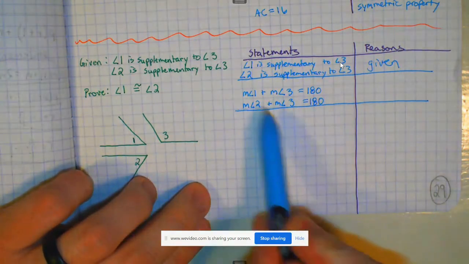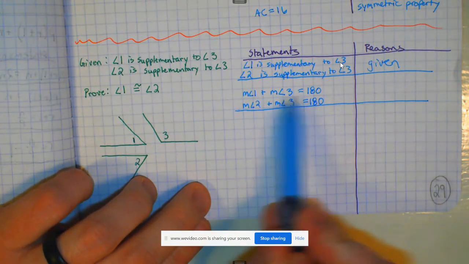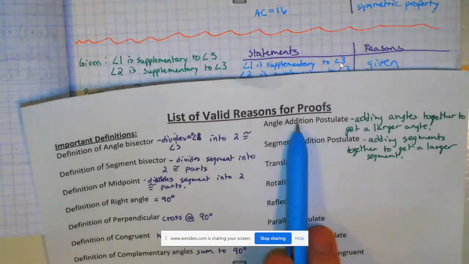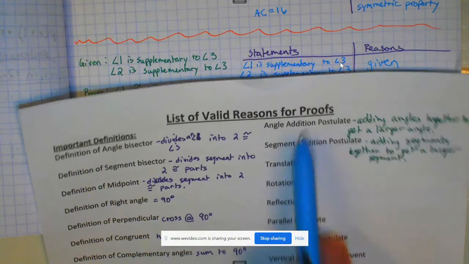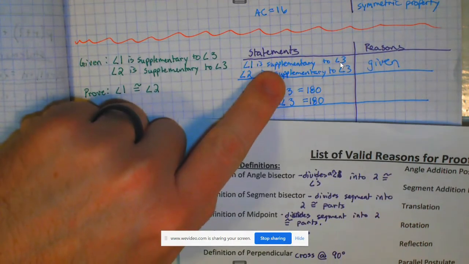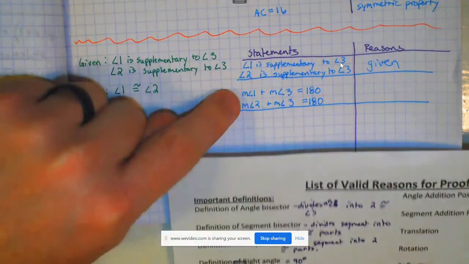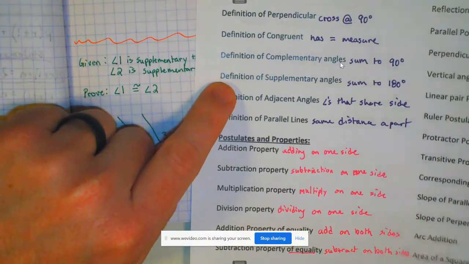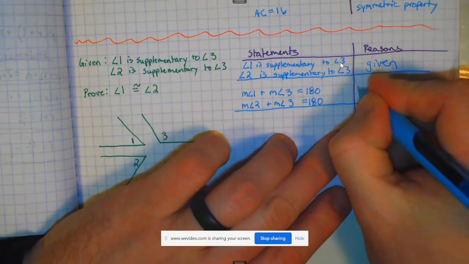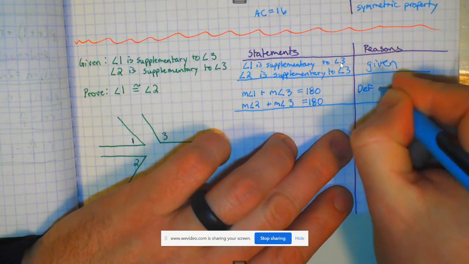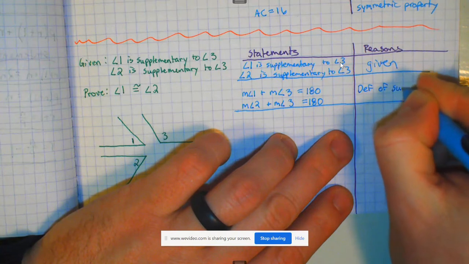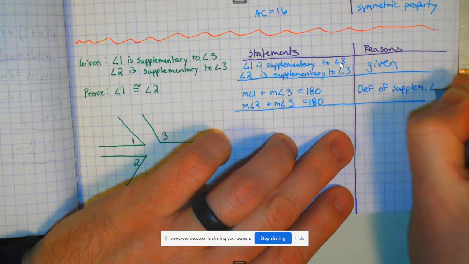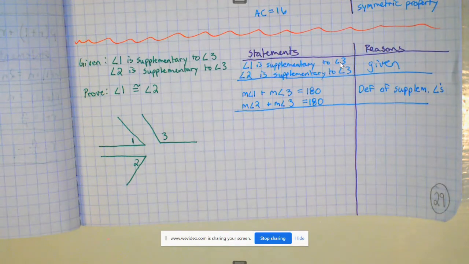Even though we're adding angles together, it's not angle addition. I used the fact that I knew what supplementary angles were to make these sentences. So that is the definition of supplementary angles.